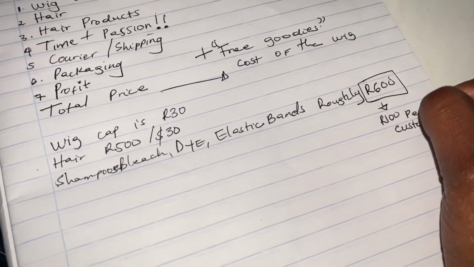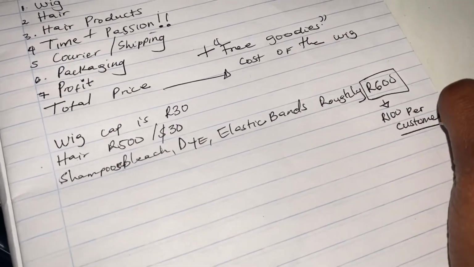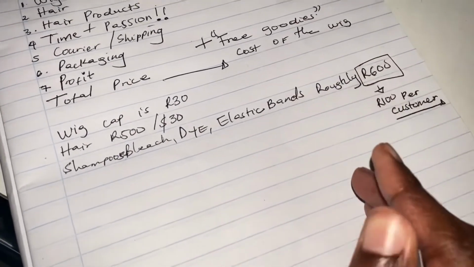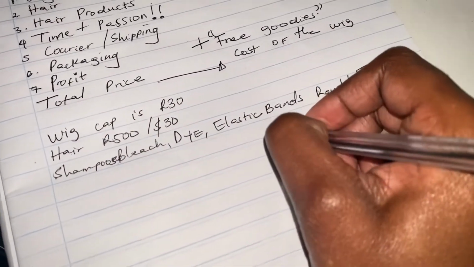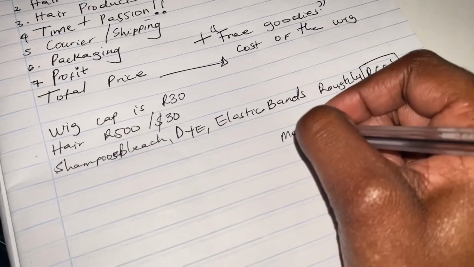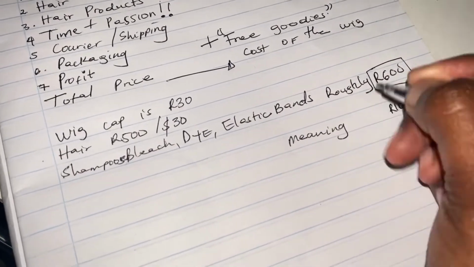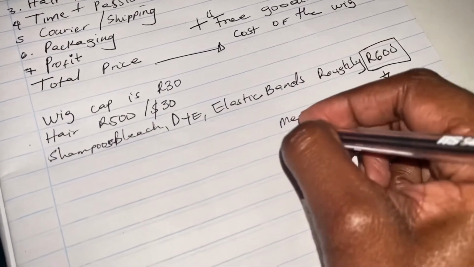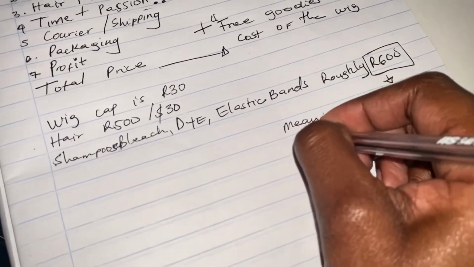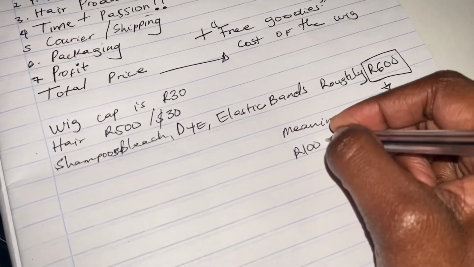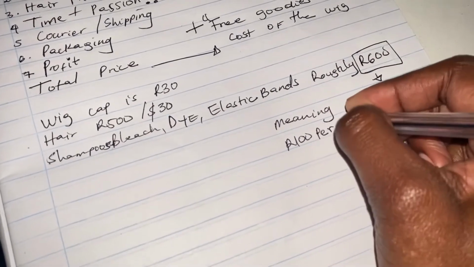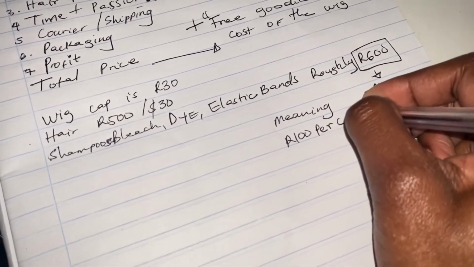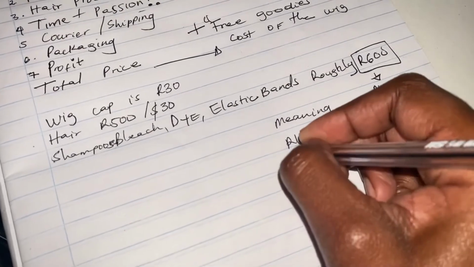Okay, so let's say per customer. Let's just say for 600 rands you can do 6 weeks, so that means that is 100 rands per customer, right? So you would be adding 100 rands instead of adding 600 rands, because you cannot charge each and every customer that you use that shampoo.